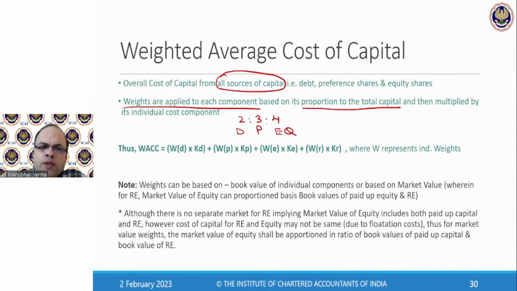For the cost of debt, we'll be multiplying that by 2/9. For the preference, we multiply that by 3/9, and so on, depending on which component is there and what the weights are. So the formula is straightforward. Whatever the weights are, you multiply them to the respective components and add them up.